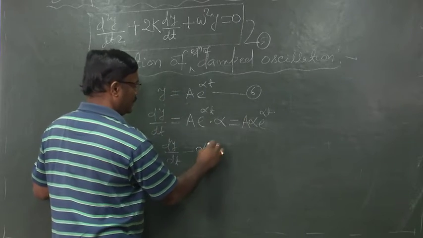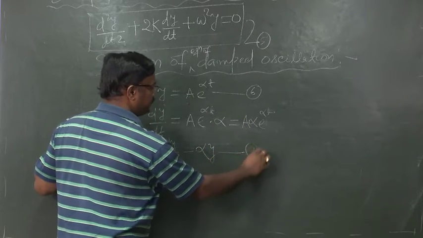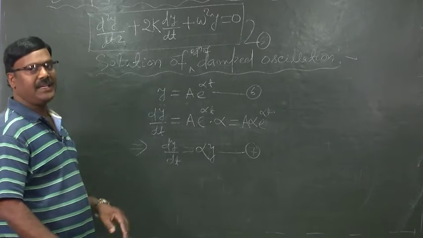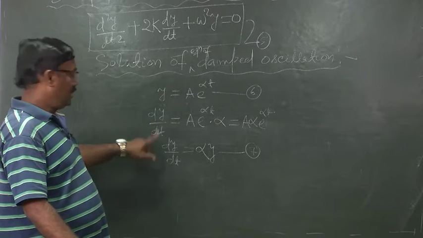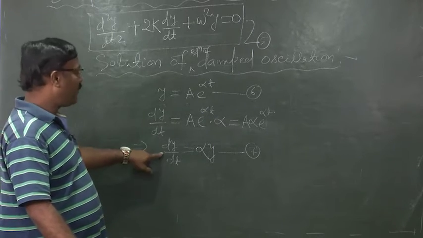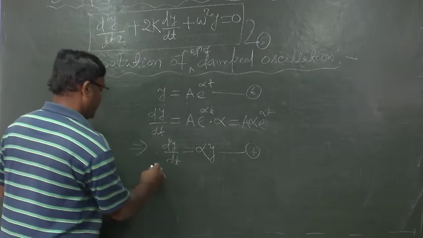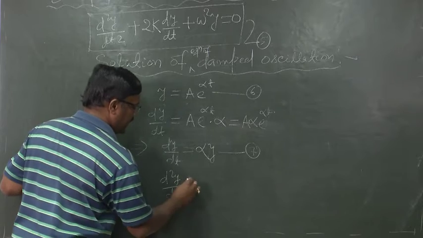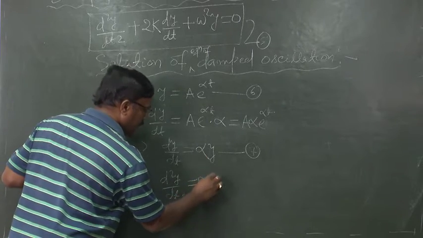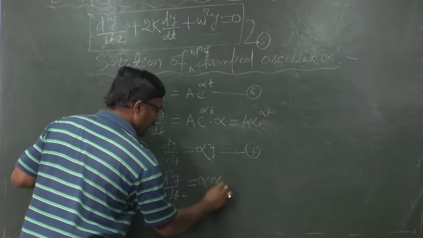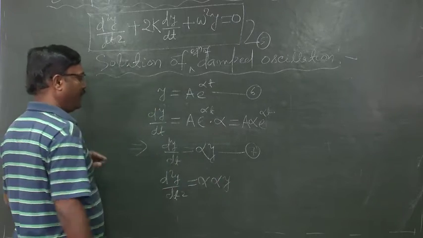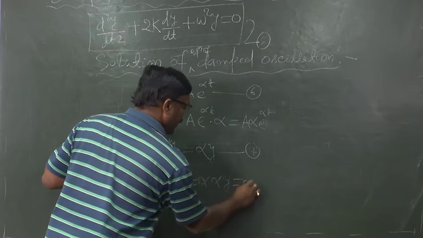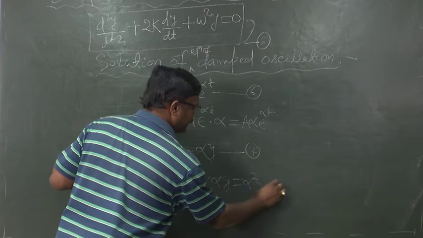which is termed as y. Similarly, taking the derivative of dy by dt, we can write d square y by dt square, which will be equal to alpha into alpha y, which is equal to alpha square y.